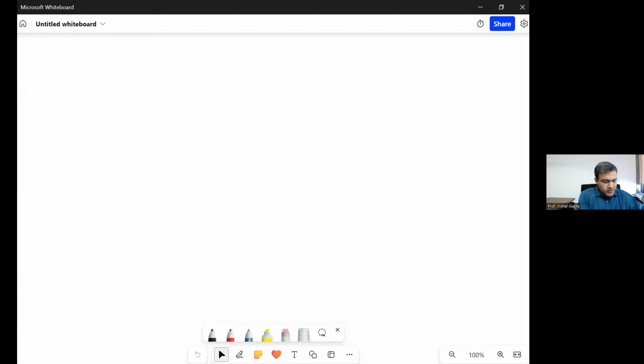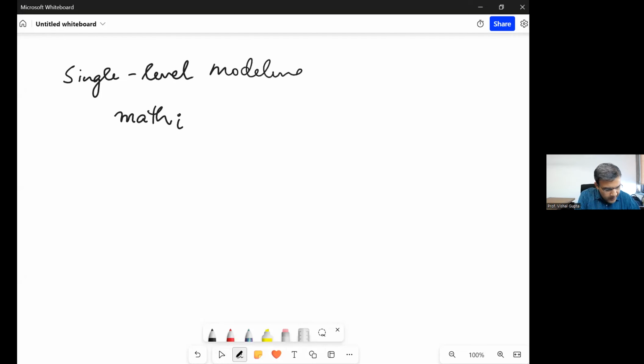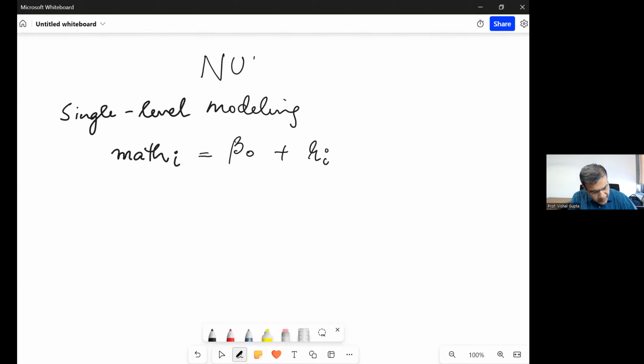So let me open. If I write this simple equation, math i, I am doing single level modeling. I don't do any multi-level. So I say it is equal to beta 0 plus Ri. Right? This is my regression equation. Of course, this is writing the null model equation.